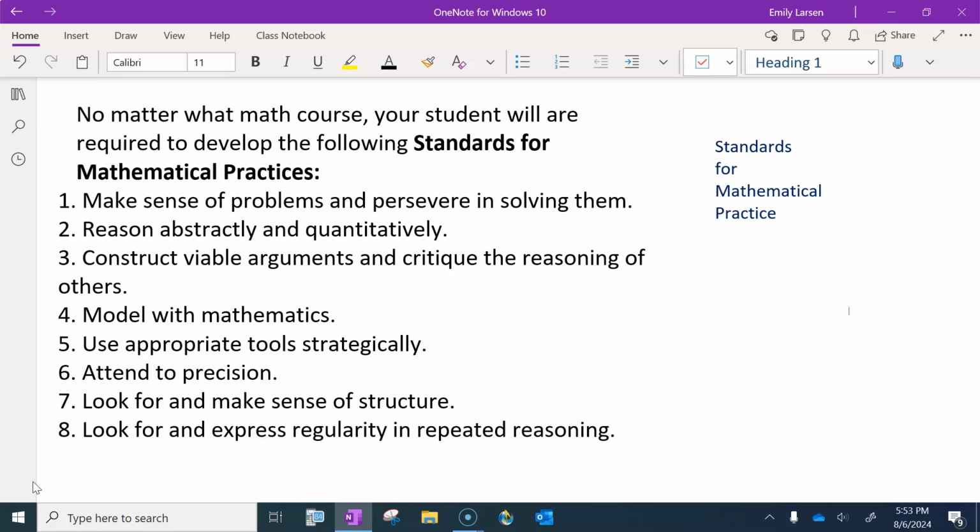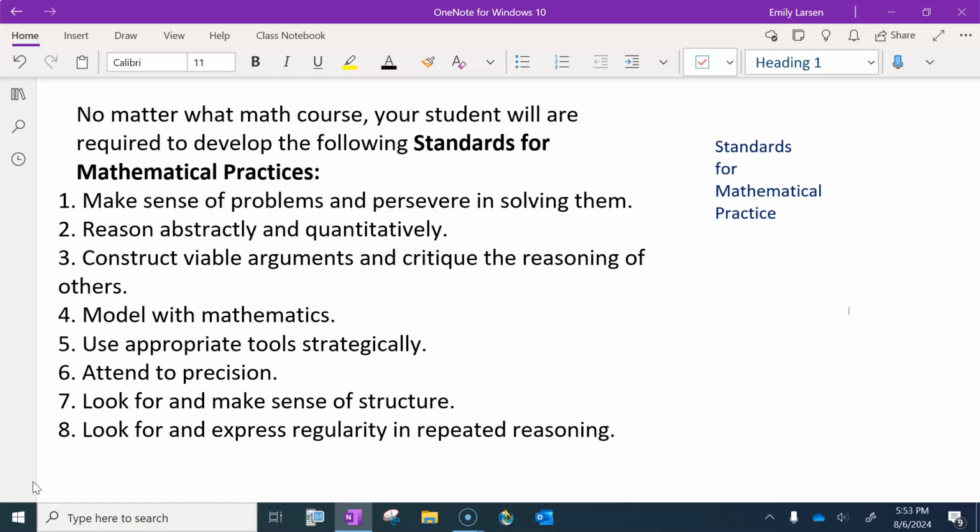Number 2 is reason abstractly and quantitatively. So they're using the math language to represent the math. Number 3, construct viable arguments and critique the reasoning of others. So this is done student to student, student to teacher.